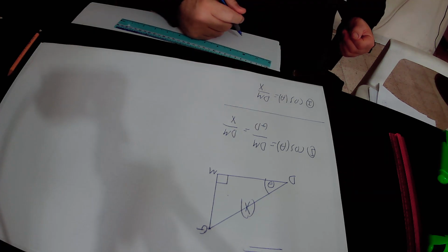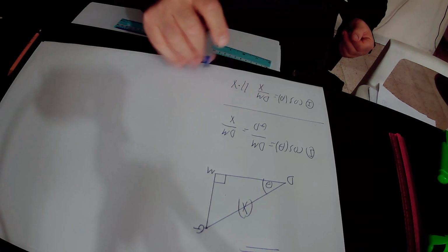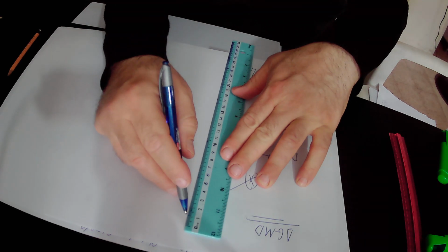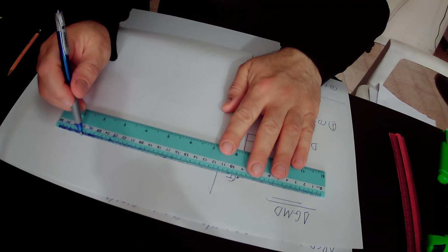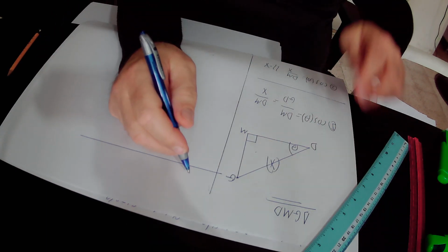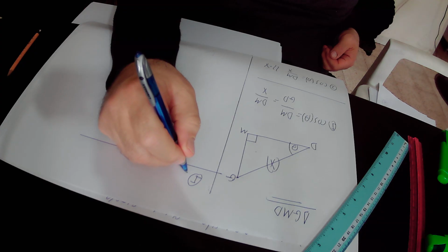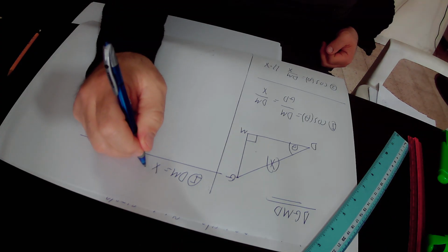Here we multiply this equation 1 by x, and finally we get that, according to equation 1, DM equals x times cosine theta.